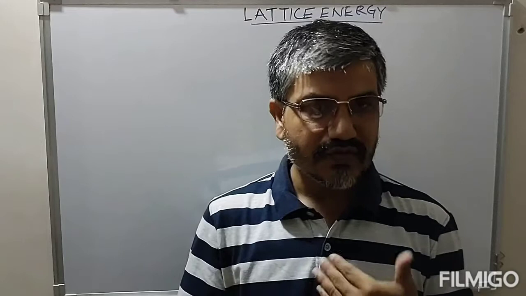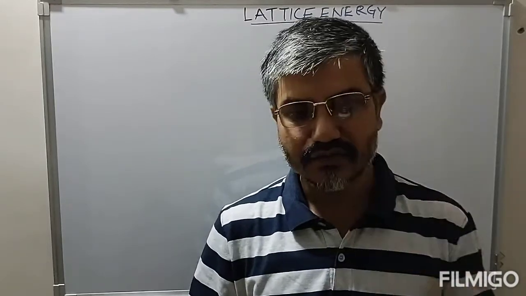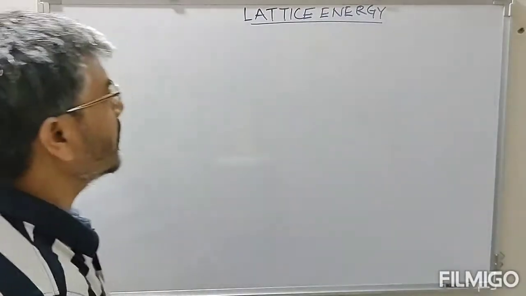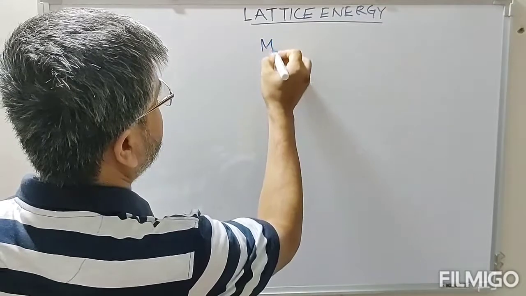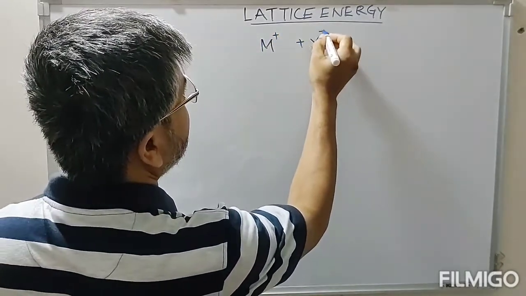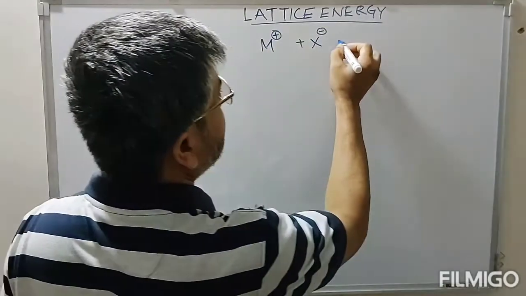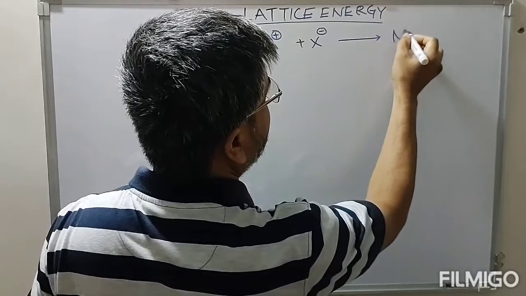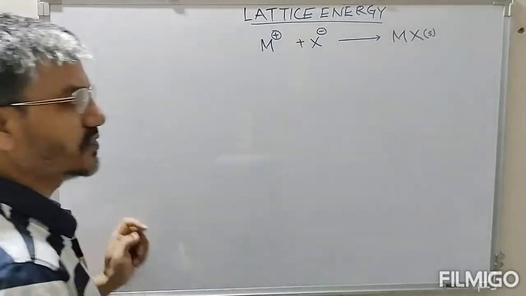Once we define this lattice energy, now let's visualize it in terms of graphs. So suppose we have M plus combining with X minus, that is, we have a cation and an anion, and this gives you MX ionic solid.